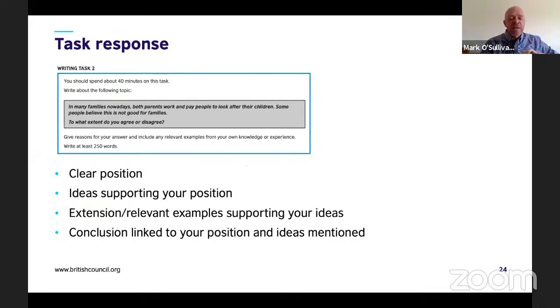So if they're saying that there's a strong point, do they follow up with an example or an exemplification that backs that up? And do they have a conclusion that's linked to the position, to the question, and summarizes things? Doesn't introduce new ideas. It doesn't introduce brand new things. It just overall adds into the ideas.